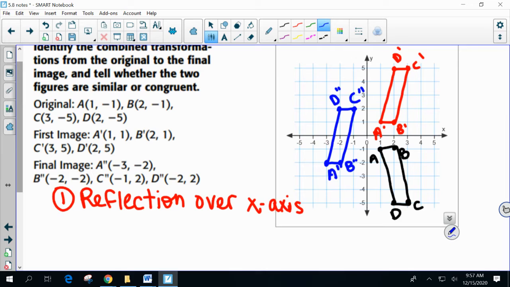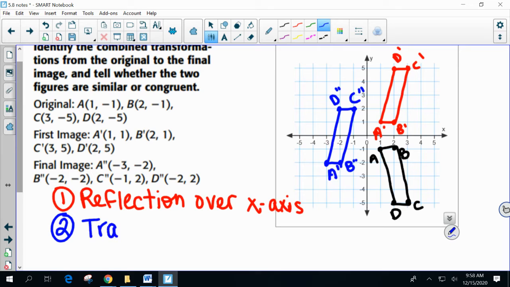Okay, so if you look at the letters, that helps you determine what you think it is. Are the letters in the same location from red to blue? Yes, they are. They didn't change sides. Like DC is on top on both of them. So what would this have to be? Congruent. The translation, where it was just sliding.